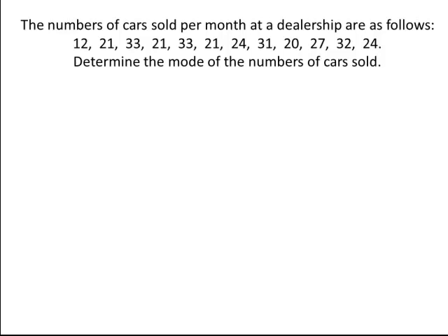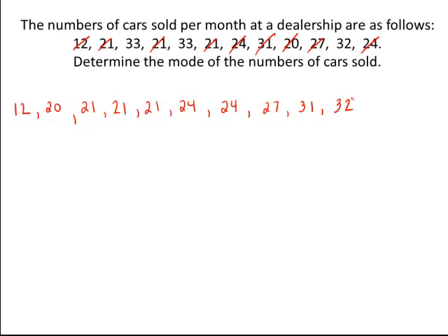The smallest number in our list is 12, followed by 20, followed by 21, another 21, another 21, 24, 24, 27, 31, 32, 33, and another 33.